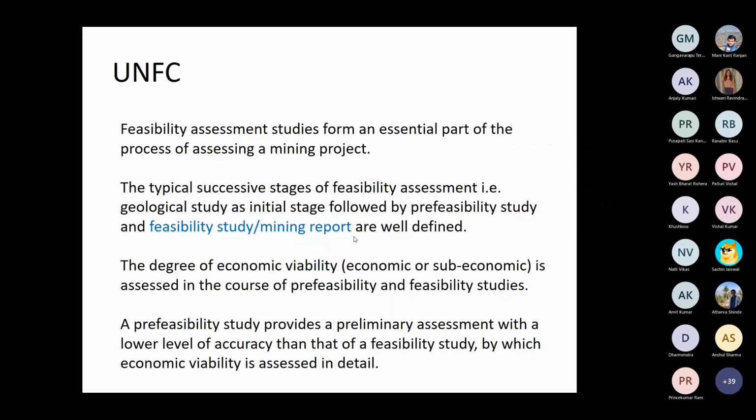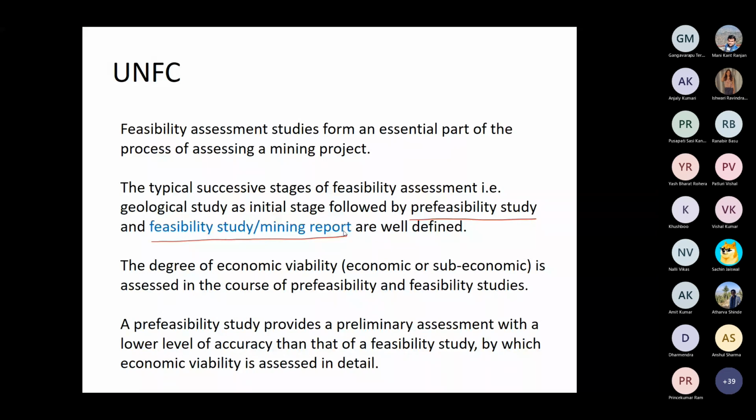Now the next part is the feasibility assessment studies. That is an essential part of the process of assessing a mining project. The typical successive stages of feasibility assessment are geological study as the initial stage, followed by the pre-feasibility study, and a feasibility study or mining report. They are well defined in the UNFC document.